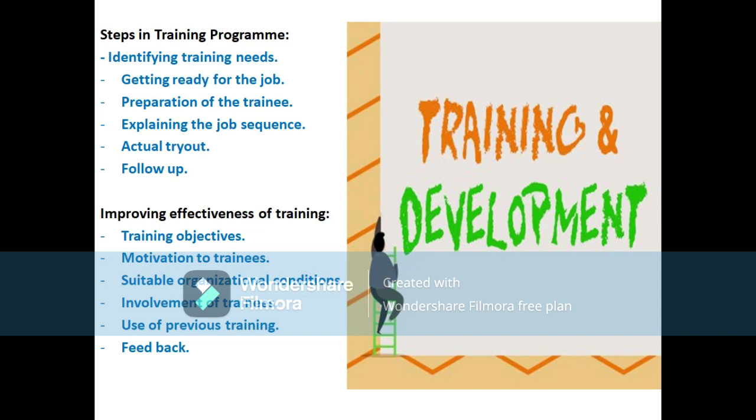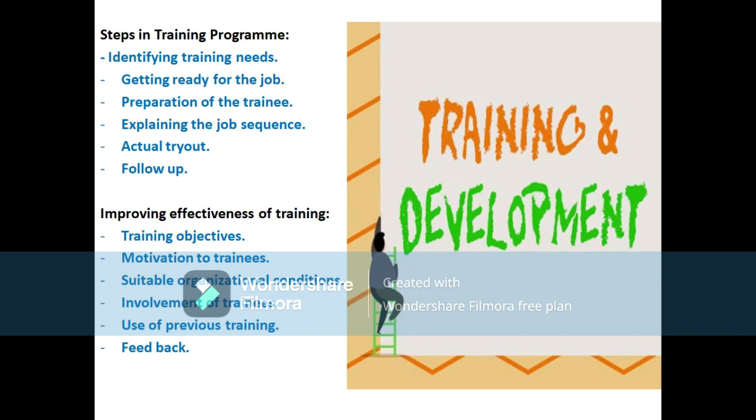So they require constant training to cope up with the needs of the job. Training is not something that is given only once to new employees, but also to old employees. They learn and receive training throughout their stay in the organization. So training is the act of increasing the knowledge and skill of an employee for doing a particular job.